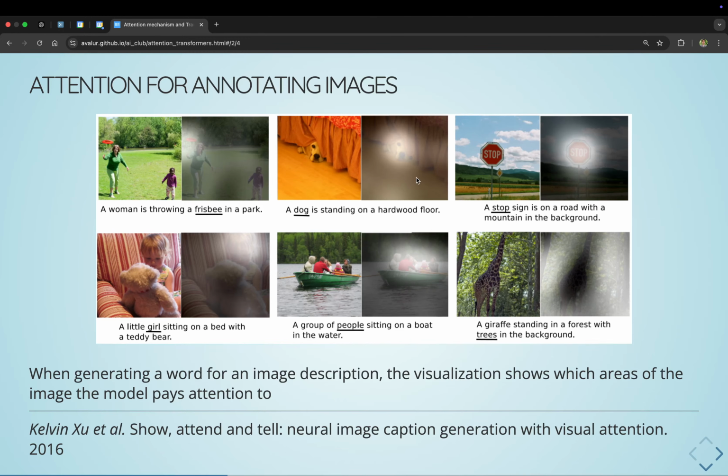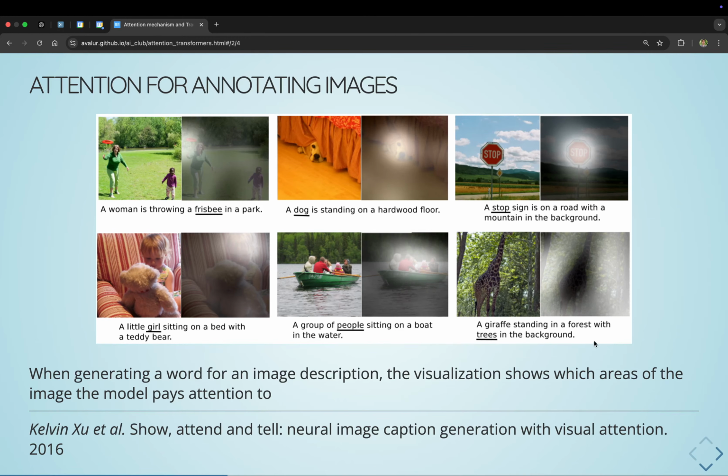And you see again, the attention weights are very, very clear, because when the model generates a group of people, it looks at the people in the picture.